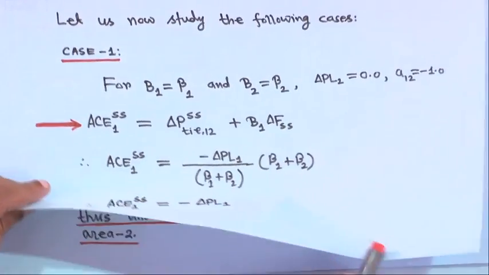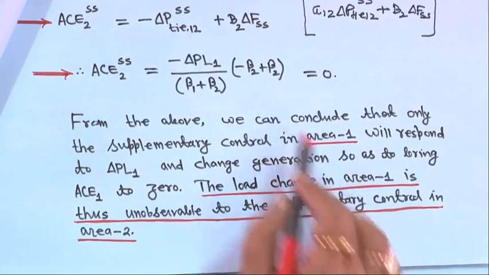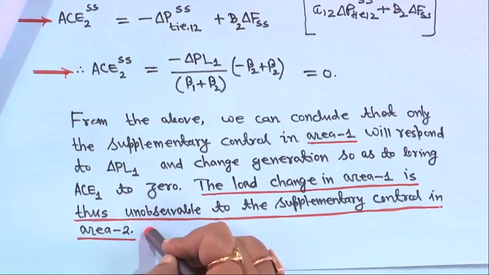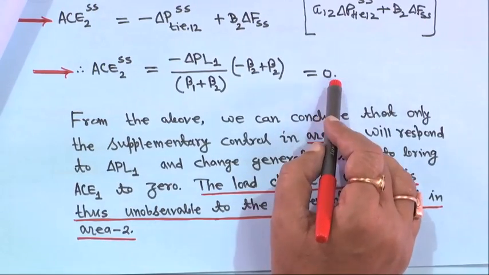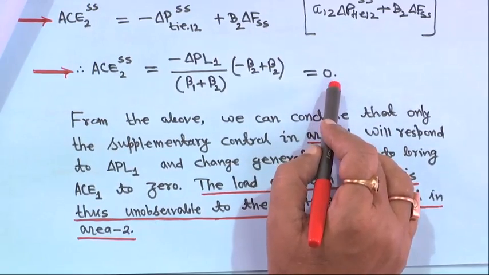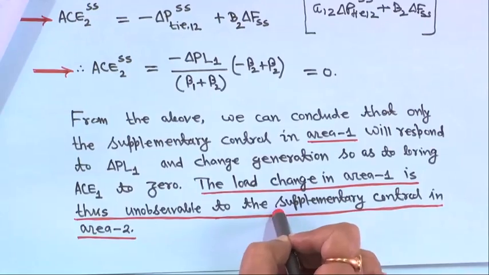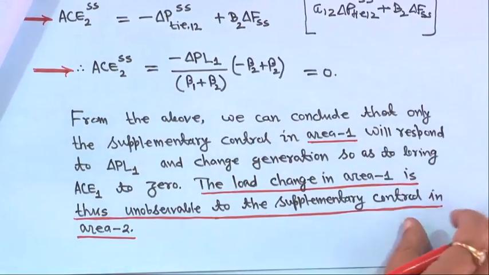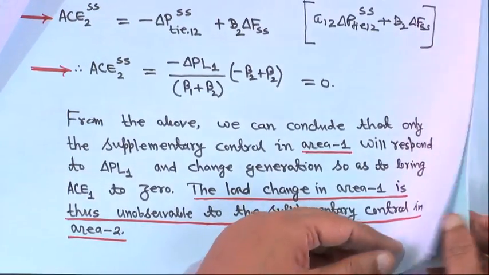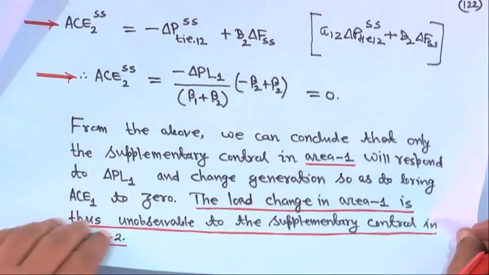Whereas AC2 SS you have seen is 0, which means the load change in area 1 will be completely unobservable by the supplementary control in area 2, because the disturbance in area 2, that is delta PL2, is 0. So it will be totally unobservable because AC2 SS is 0. That is from the steady state point of view.